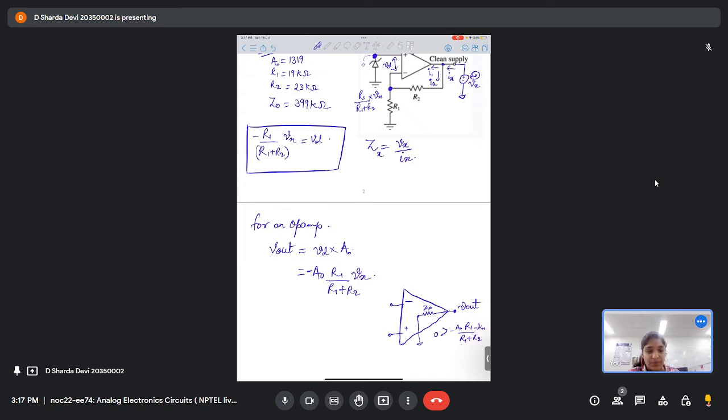We know that current flows from higher potential to lower potential.